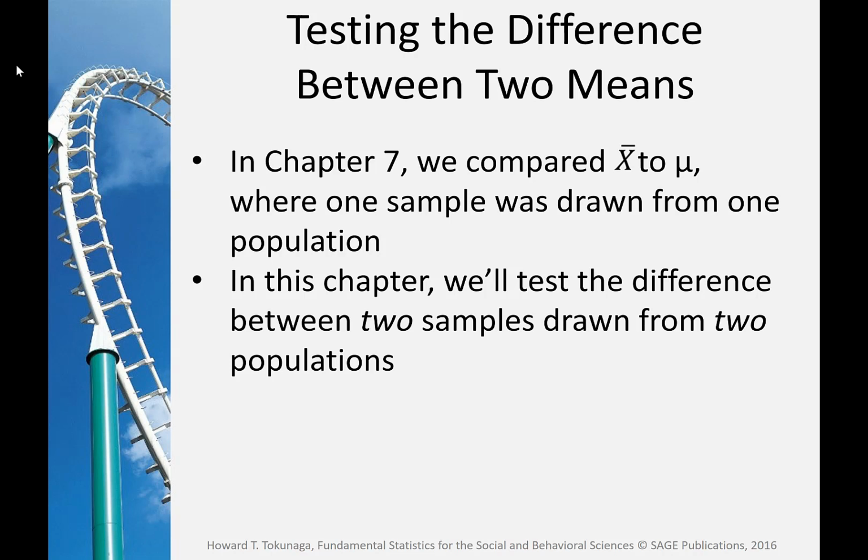Right? And we're sort of building off of this idea of comparing our samples to something else. So in chapter 7, we compared our sample to an actual, but we don't know the answer, population mean, right? X bar to mu.